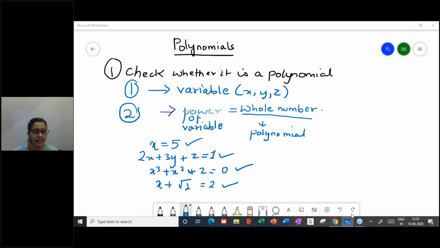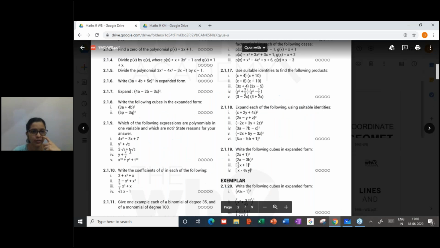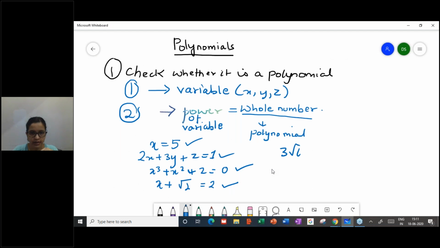It's 3 root t plus t root 2. So t to the power half. Half is not a whole number, so therefore it is not going to be a polynomial. Do you get it now? It is 3 root t plus t root 2.